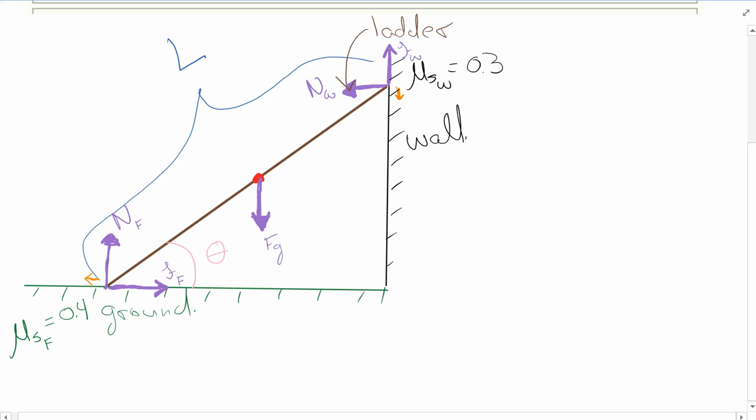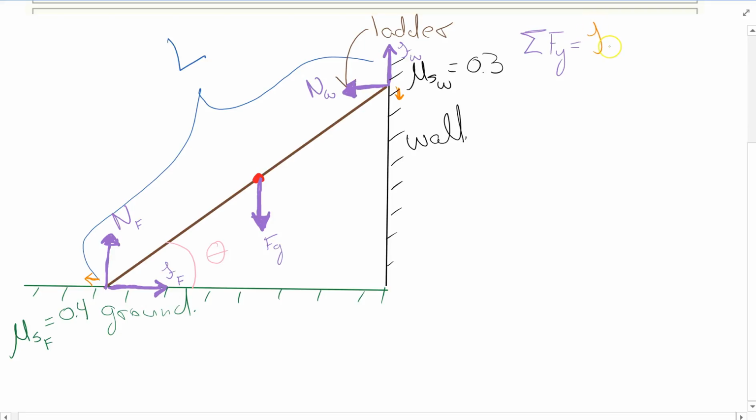Let's start with the y. So the sum of forces in the y, I have 1, 2, 3 forces that are in the y. So I will have 3 terms in my sum of forces.